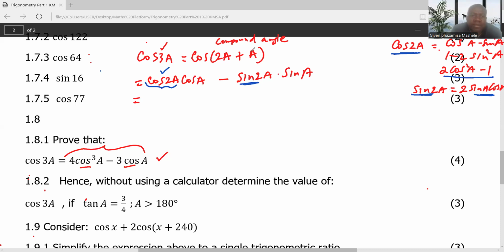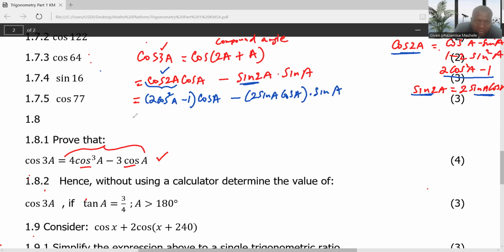So this will be 1 minus, oh, not 1 minus, I apologize. We want to use the one that is cos only. This will be 2 cos squared a minus 1. Outside there's cos a. Minus, this is the same as 2 sine a cos a multiplied by sine a.